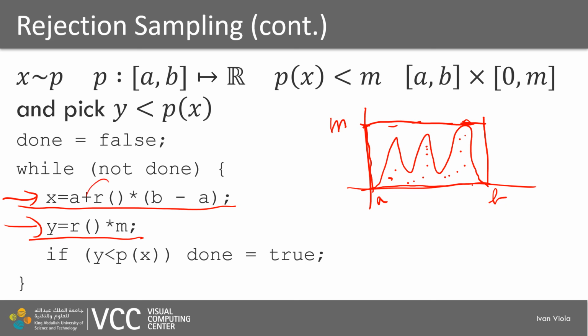We have here the canonical random variable obtained by the routine R. Then only if the y value is smaller than the probability distribution function evaluated at the x position do we accept this sample. And if it's not smaller, then we reject it with our rejection sampling strategy.